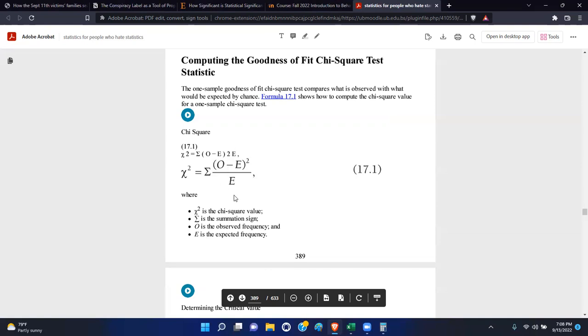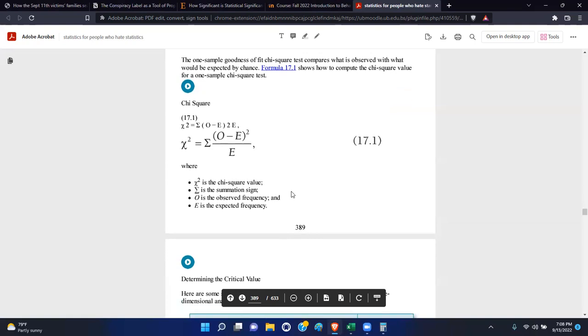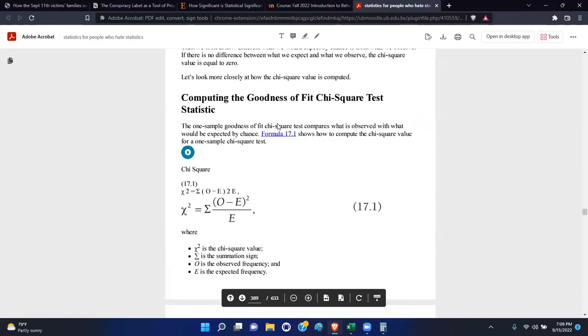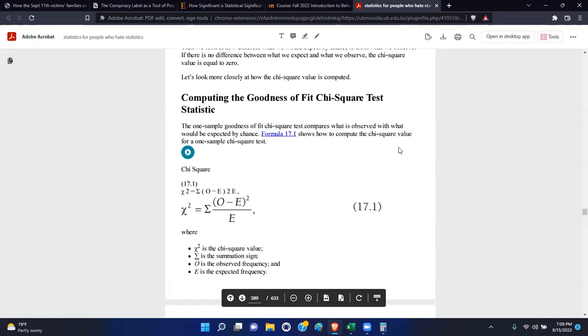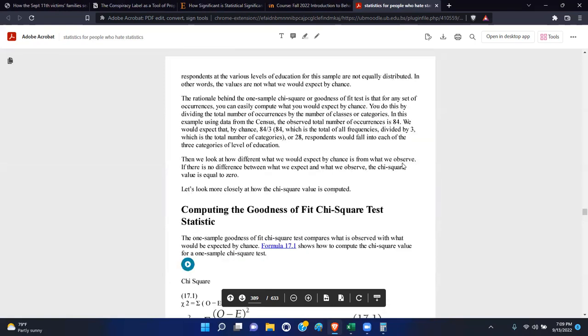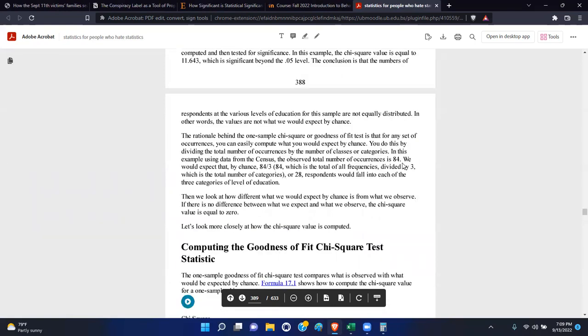The expected frequency is pretty much the only thing you really have to know and understand about the goodness of fit test. How can we assume there's some expected frequency of people with or without college degrees?